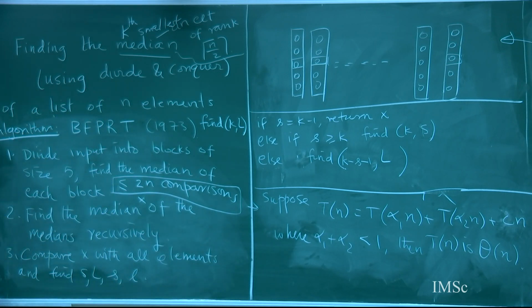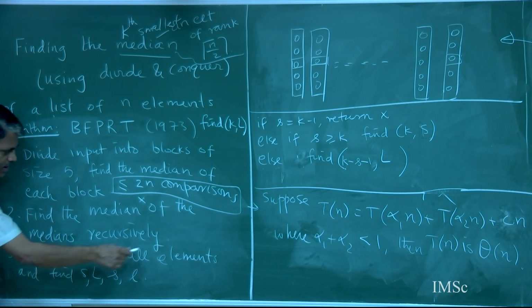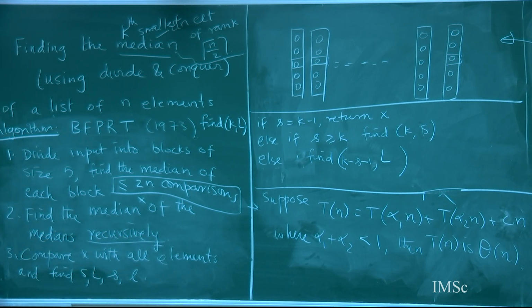How much time for step 2? T of n over 5. Right, because you're finding it recursively. The good thing about recursion is you just write T of whatever number of elements.